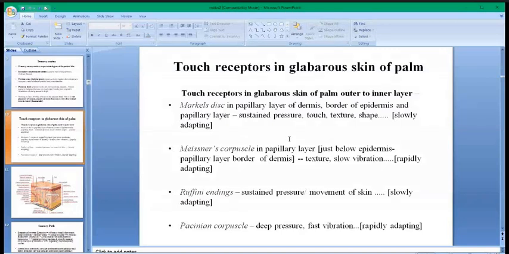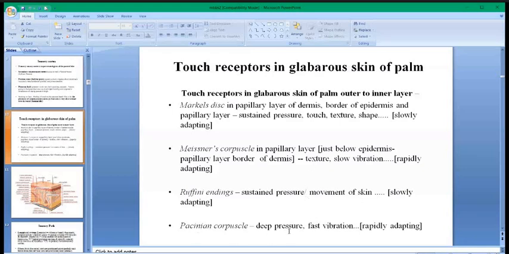You see here, this is Meissner's corpuscle for slow vibration, right? Another is for fast vibration. Which one is fast vibration? Pacinian corpuscle. Fast vibration. Here, slow vibration.